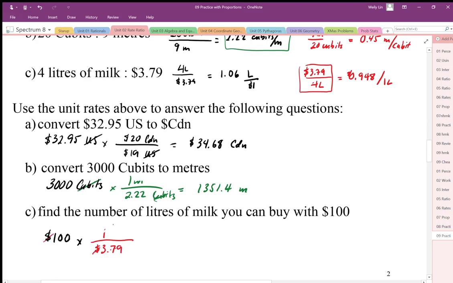It's going to be 4 liters in the numerator. So I'm going to do 100 times 4, and then divide by 3.79. Again, it's just times on top, divide on bottom. And I end up with 105.54 liters. Okay, so I work out with 105.54, and I can verify my units. Yeah, I'm left with liters as my units.